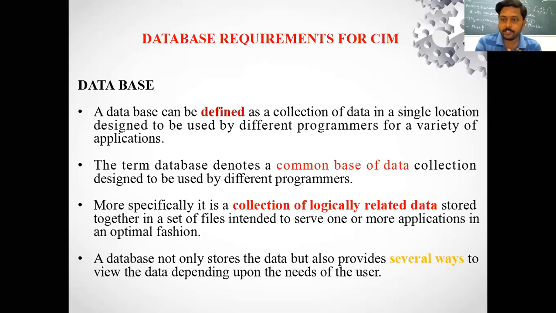So your applications will be of variety, in different manners. For that variety of applications, these different programmers or users will require different types of data. That data will be stored in a single location, and that could be called a database. I think you are understanding this.